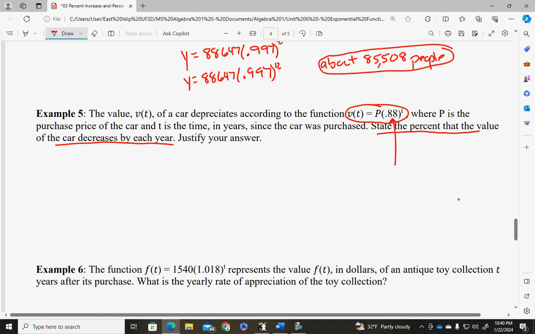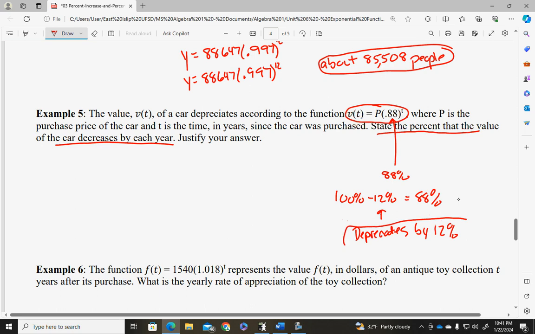And where does that 0.88 come from? Well, that 0.88 really is 88%, but that's not the percent that the car decreases. Remember that 88% came from some subtraction. It was 100% minus 12%. That gave me the 88%. So it depreciates by 12%.